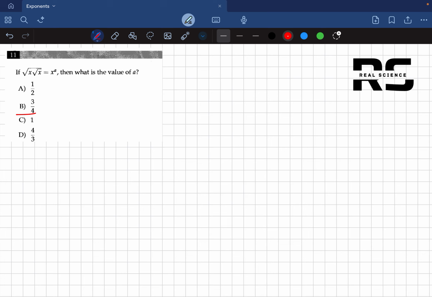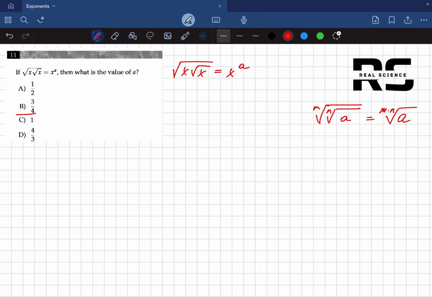Let's look at 11. Well, this is easy as well. So we have square root of x times square root of x is equal to x to the power of a. If you remember, when we have two square roots, let's say square root of m and square root of n, we just multiply them, giving square root of m times n.